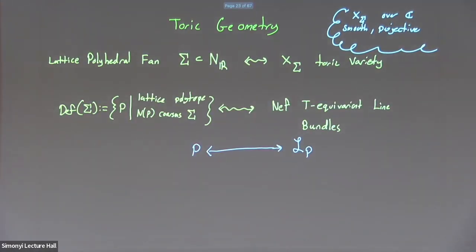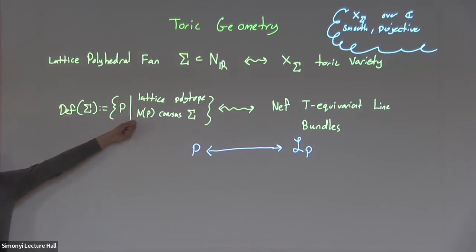And when you're nice, like we're nice here, we've seen in various talks that there are descriptions of the divisors or line bundles in terms of polytopes. In particular, if you care about the nef T-equivariant line bundles, these are in bijection with a certain class of polytopes based on your fan. This polytope is a deformation cone. It's all the lattice polytopes whose normal fan coarsens the original fan.